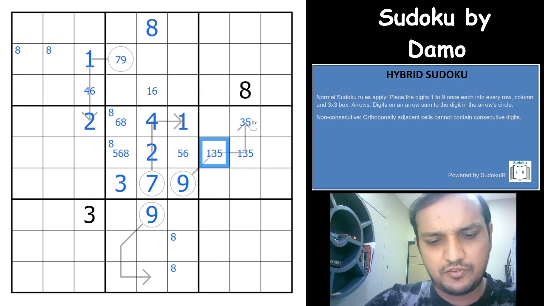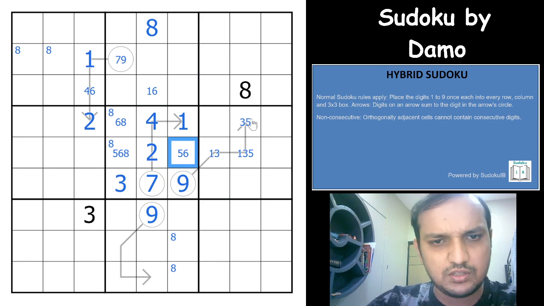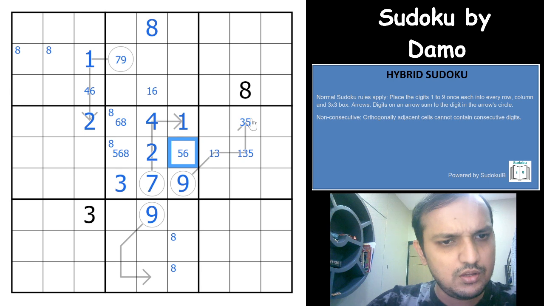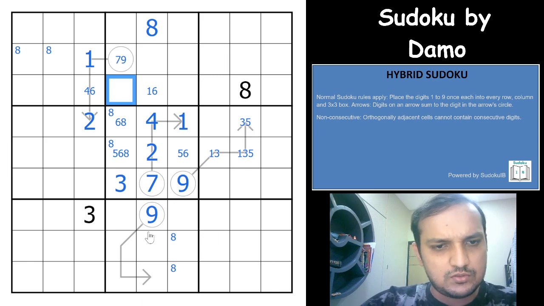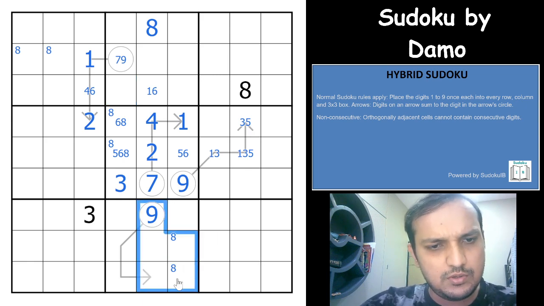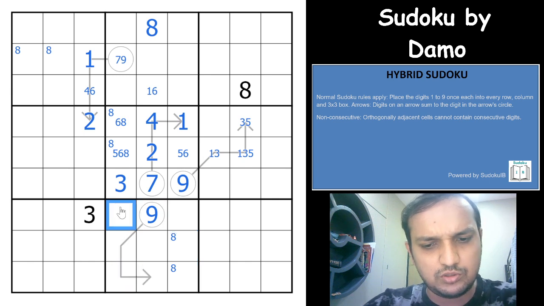This cell cannot be a 5. Of course, then this would be a 6 and then you get the contradiction already. 8 is in one of these two. This cell cannot be a 5. Seven cannot be here, cannot be here, cannot be here. So these two cells are 7.